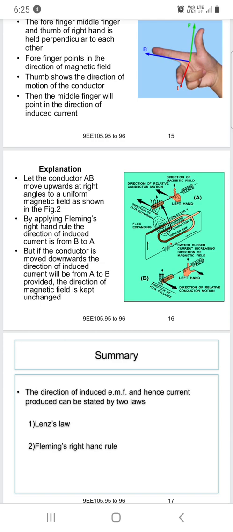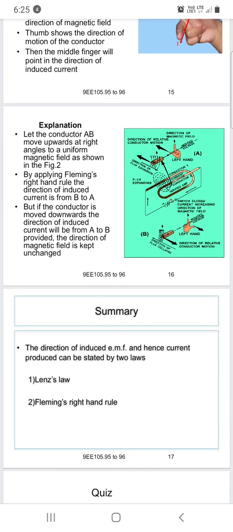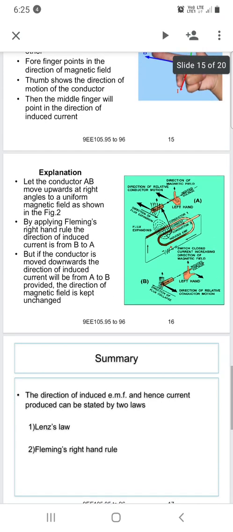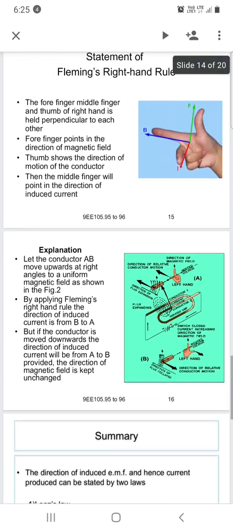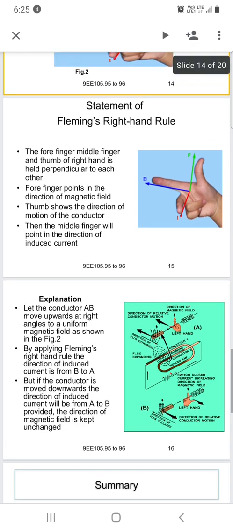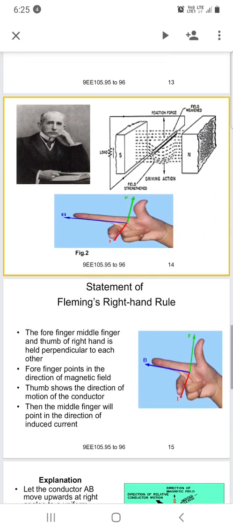Applying Fleming's right hand rule, the direction of induced current is from B to A. Here, for the direction of magnetic field, you have to observe figure B.